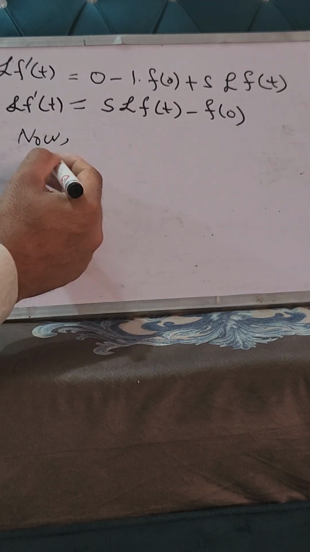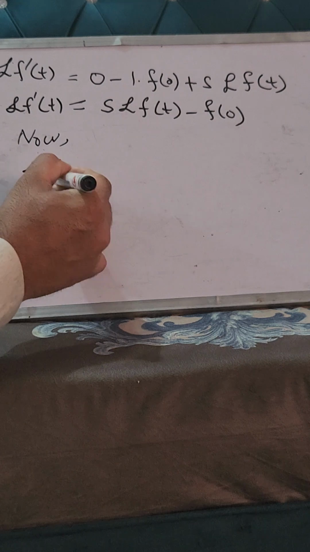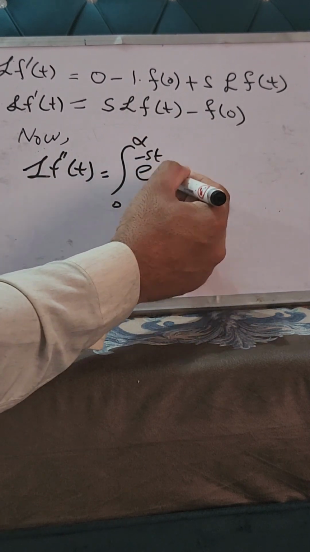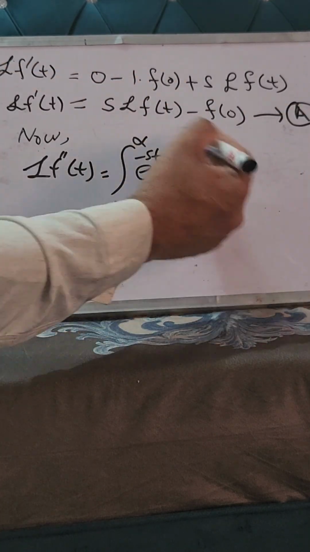Now we use the Laplacian of f double prime of t, which is the integral from 0 to infinity of e to the minus st f double prime of t dt. Equation A. We shall use this value of the Laplacian of f prime of t later on in this integral.